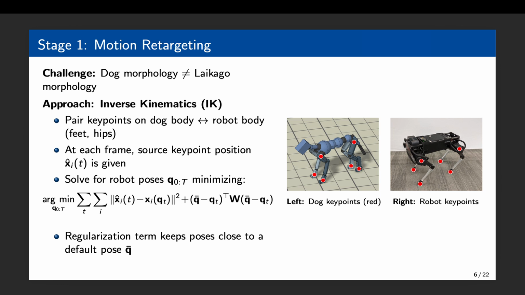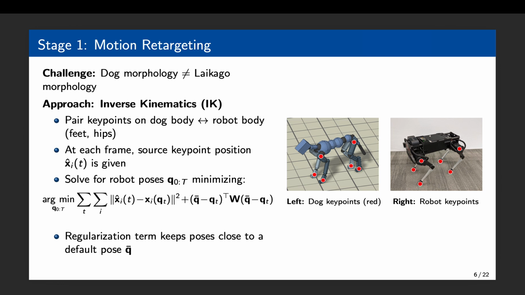At each frame of the motion clip, the dog key points give you target 3D positions. You then solve an optimization problem to find robot joint poses that track those target positions as close as possible.